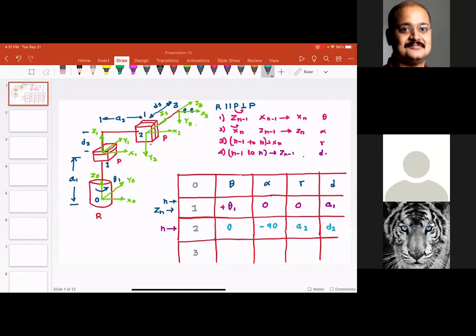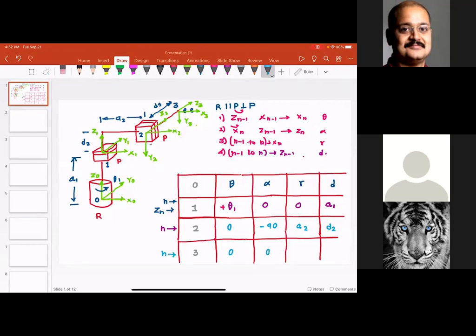The last is joint number 3. So my n is equal to 3. Again, apply the rules. zn minus 1 is z2, xn minus 1 is x2. So x2 gets aligned with x3, and your rotation is going to be about z2. So this is 0. Following the rule for alpha, rotation about x3 so that z2 gets aligned with z3, that is alpha.